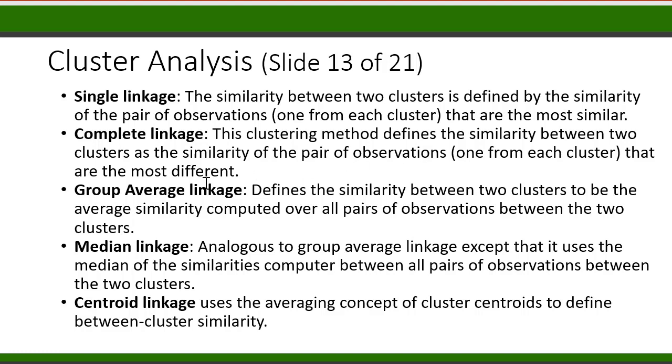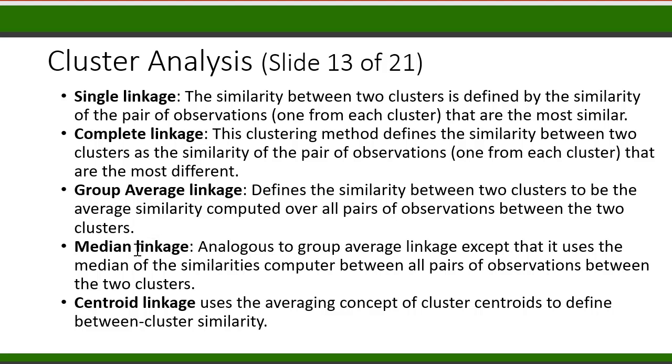You could also do a group average linkage. This defines the similarity between two clusters to be the average similarity computed over all the pairs of observations between the two clusters. So which group average is similar to another group average.